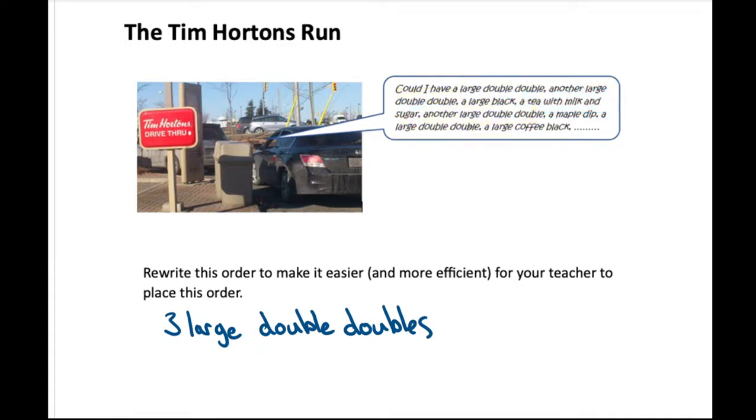Actually, let me go through it again. So we have our large double-double, another one, third one, fourth one. It's actually 4, so we missed one. So 4 large double-doubles. Then we have 1 large black coffee, 2 large black coffees.